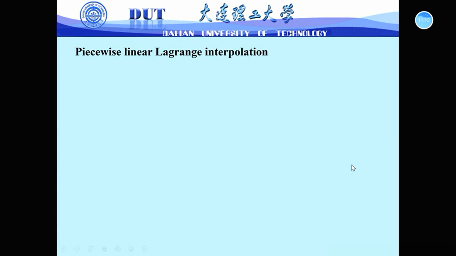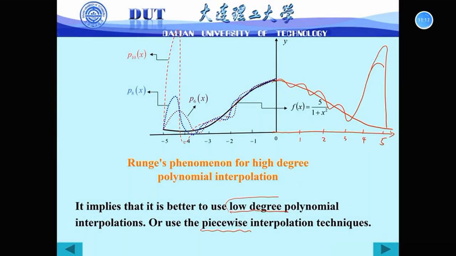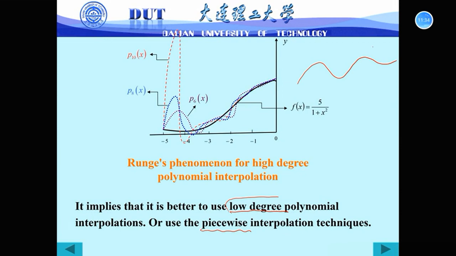Okay, so what does this mean? Let's come back to the figure. Okay, I clean the screen. Actually, I show you, for example, this is a target line, y equal to f(x), and we take some sample points from the curve, right?